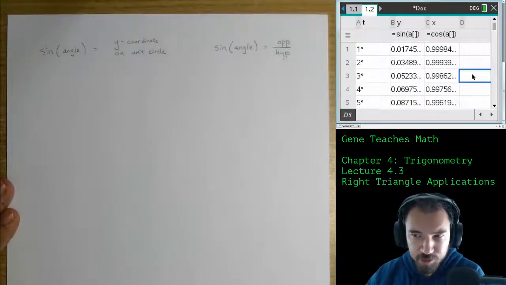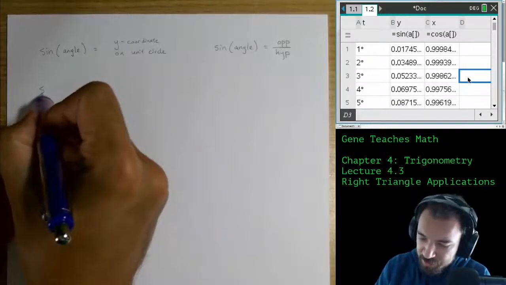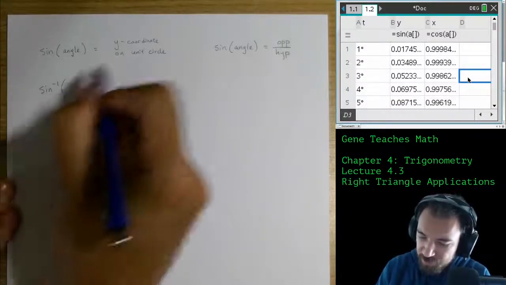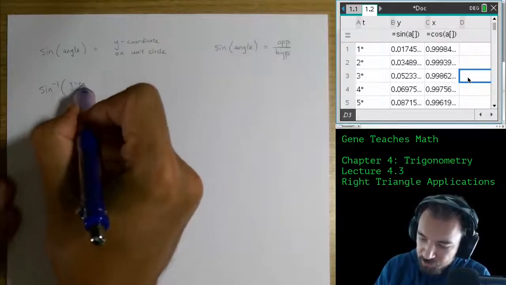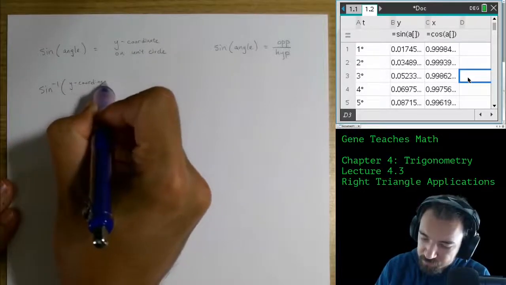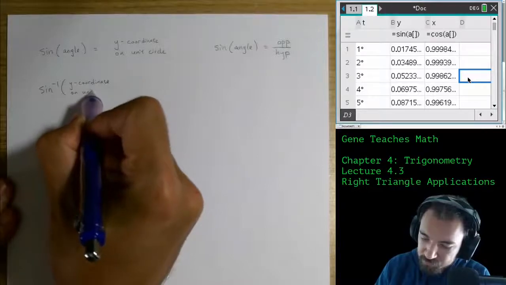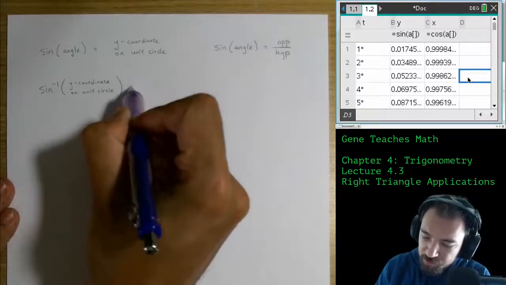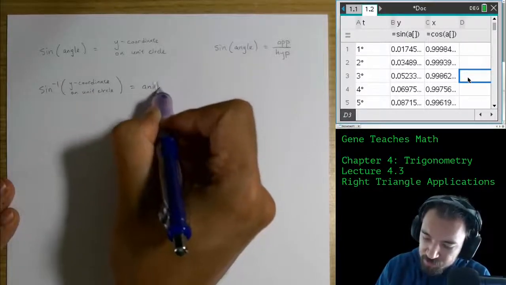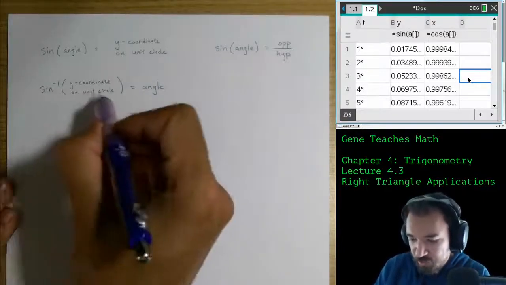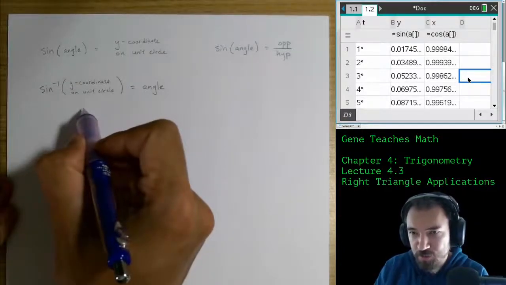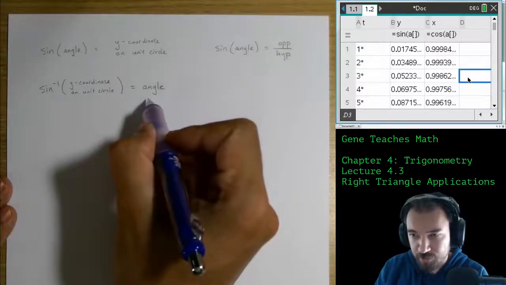So doesn't that mean I can think about an inverse where I say sine inverse of the y-coordinate on the unit circle will give me the angle. Now, this is the same thing as saying, go make that y-coordinate on the unit circle and use a protractor to measure the angle.